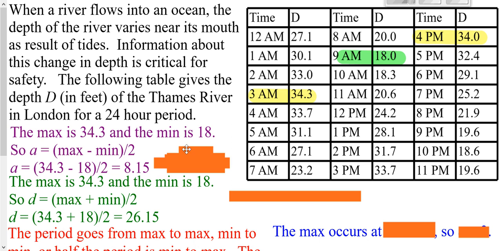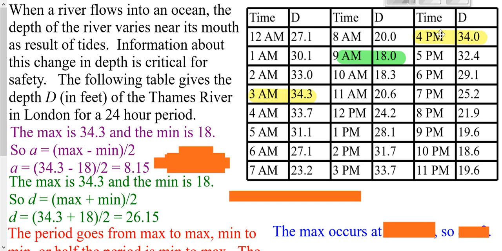Now, your tide is not occurring for your high tide or your low tide at the exact same time every day. It's affected by the moon, and the moon's not in the exact same spot every day in the sky. It changes some. So what we're going to do to figure out our period here is look at our maximum at 3 in the morning.